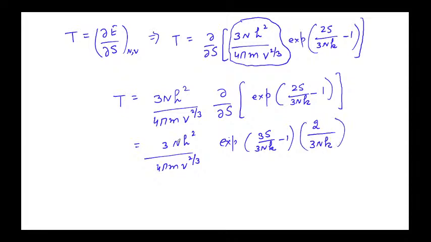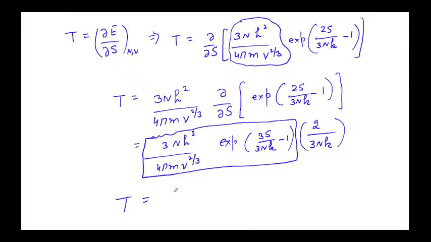Now if you look at this value, this is again the expression of energy. So the value of T comes out to be 2E over 3nk.